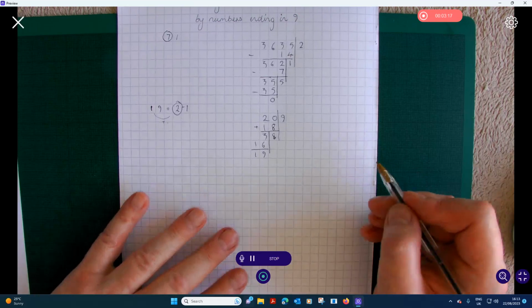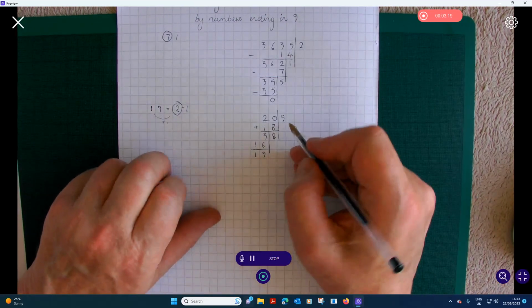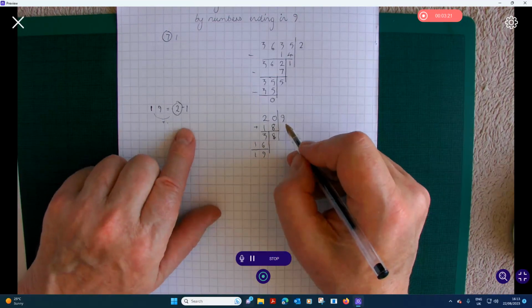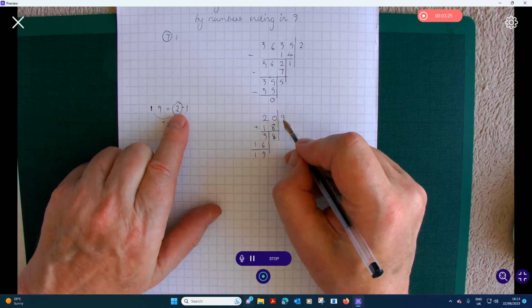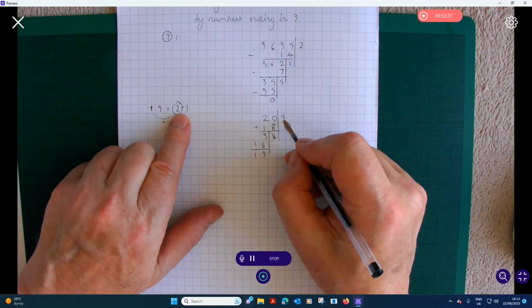What is going on? Well, of course, if you multiply 9 by 19, you will get 171.